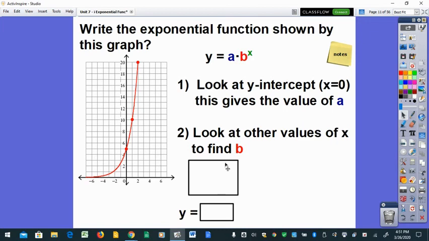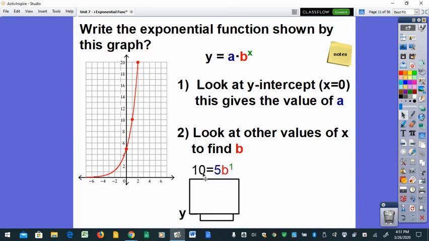Now the next thing we need to do is find b. And the only way we can do that is to replace the x and the y with a point on the graph. So we could use, for instance, 1 for the x, 10 for the y. So I'm going to write my equation, y, the y coordinate of this point, 10, equals, remember that the a was the y-intercept, times b, and this x was the x-coordinate of this point.